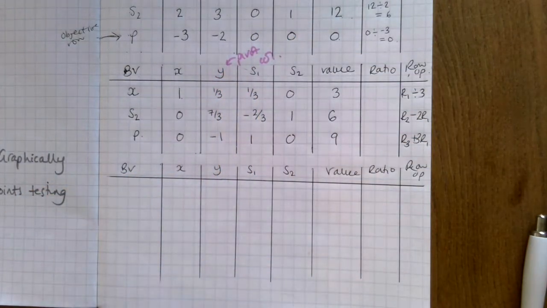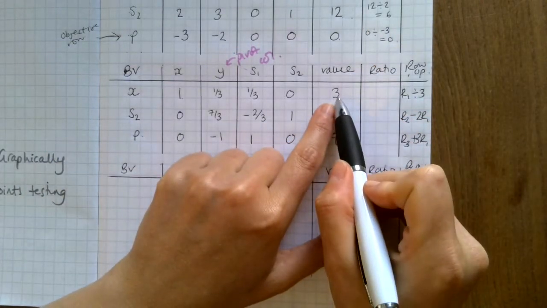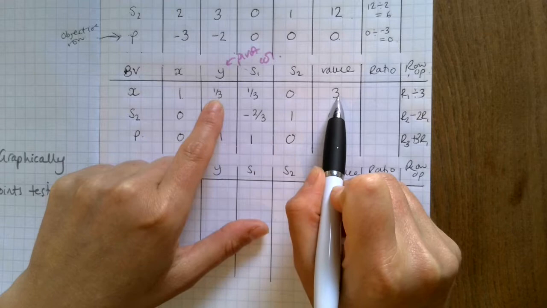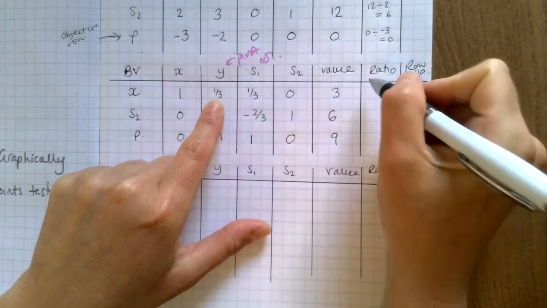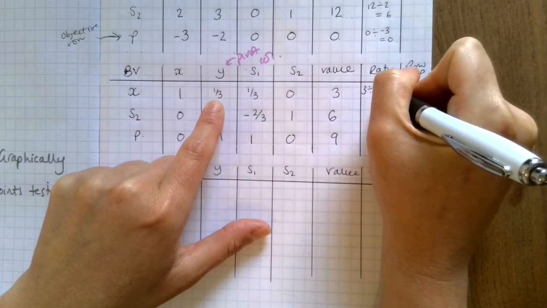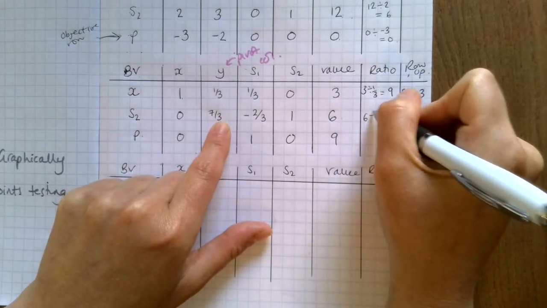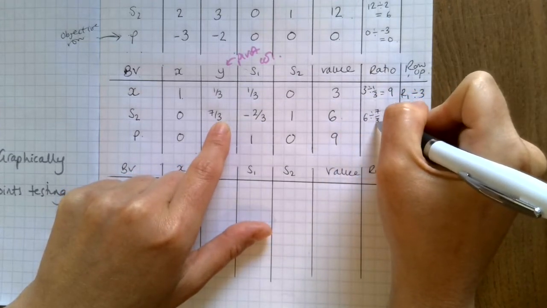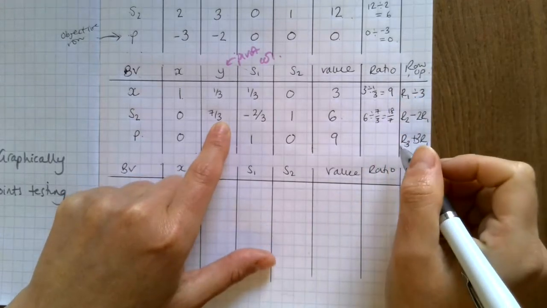So that's my pivot column. And my ratios, it's the value divided by the corresponding element in the pivot column. So 3 divided by 1/3 is 9. 6 divided by 7/3 is 18/7.